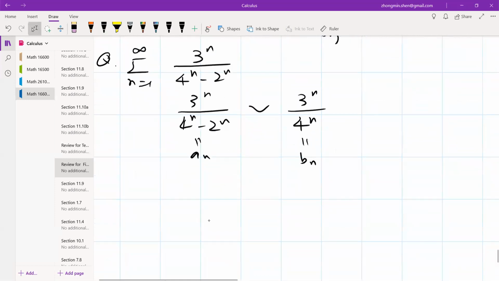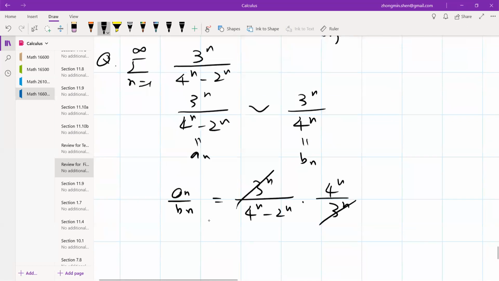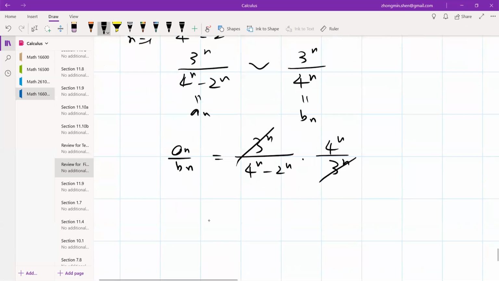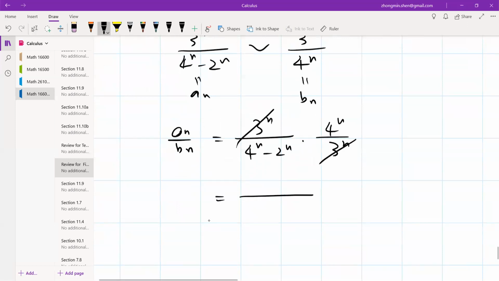So an over bn is going to be 3 to the n over 4 to the n minus 2 to the n, divided by bn, so you turn it upside down. So this cancels out, and then you divide by the numerator 4 to the n. This approaches 1 as n approaches infinity.